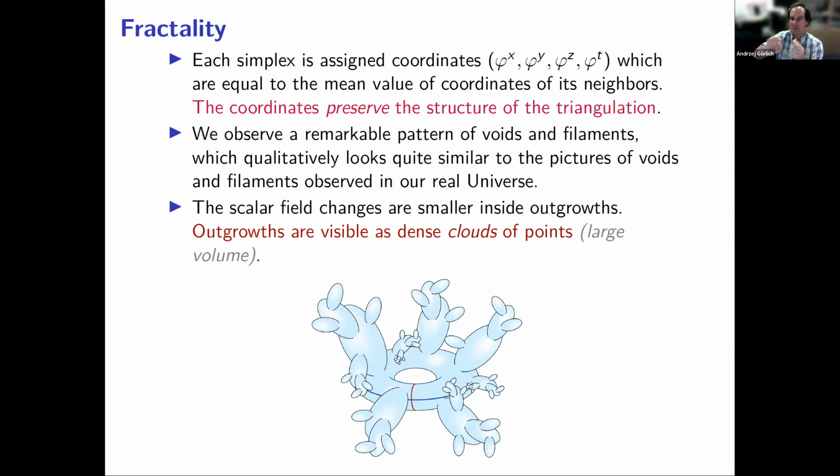Those neighbors also have some coordinates, and the value inside the simplex is just the mean of its neighbors, up to the periodicity, up to the jump at the boundary, which is non-physical really. And this means that those coordinates preserve the structure of a triangulation, because the value of the coordinates of a given simplex is just the arithmetic mean of its neighbors, which is what you would more or less expect. And if something lies in the middle of some other things, then its coordinates should also be in between. And in such a case, we observe this remarkable pattern of voids and filaments.